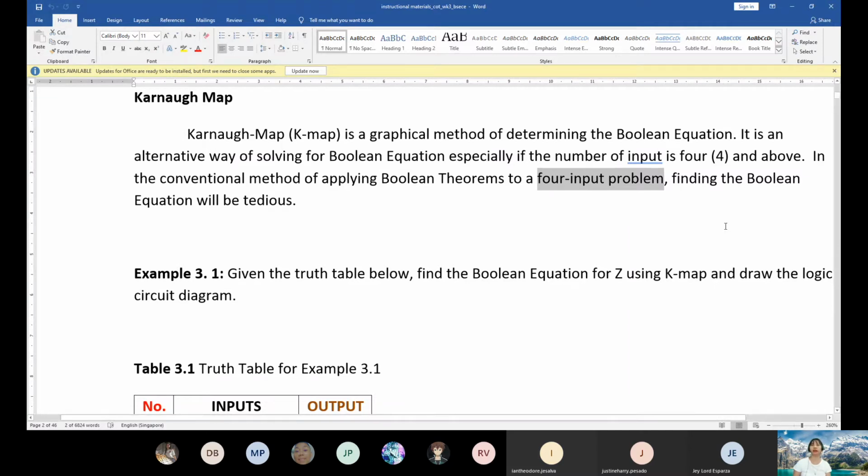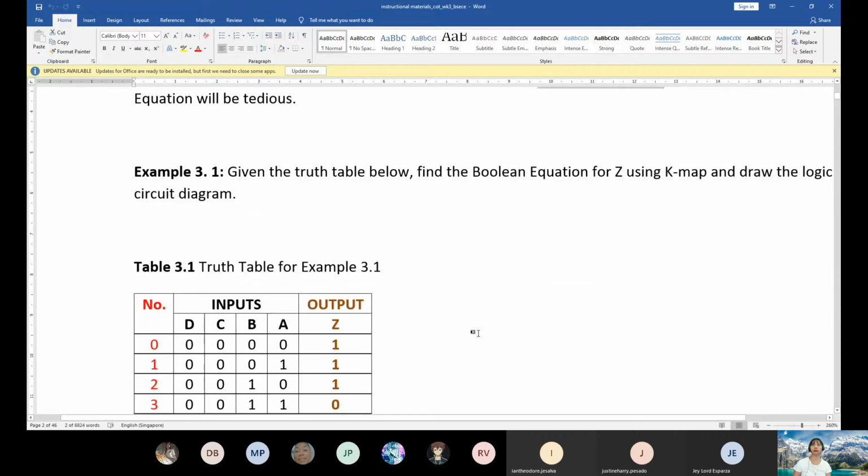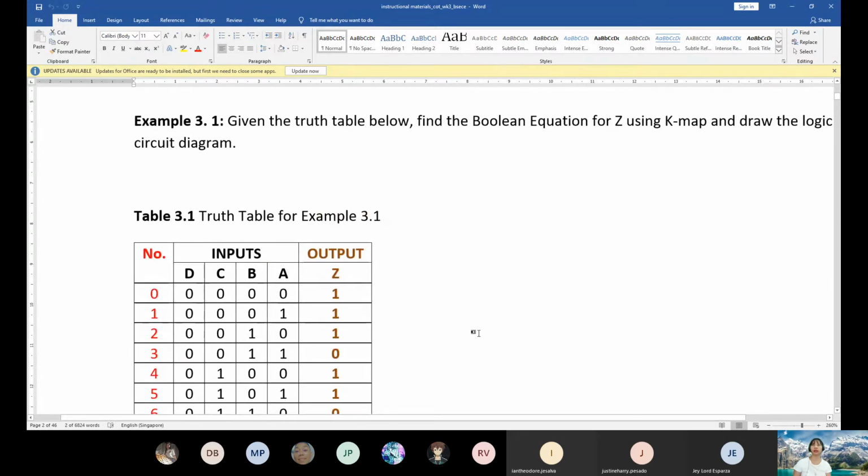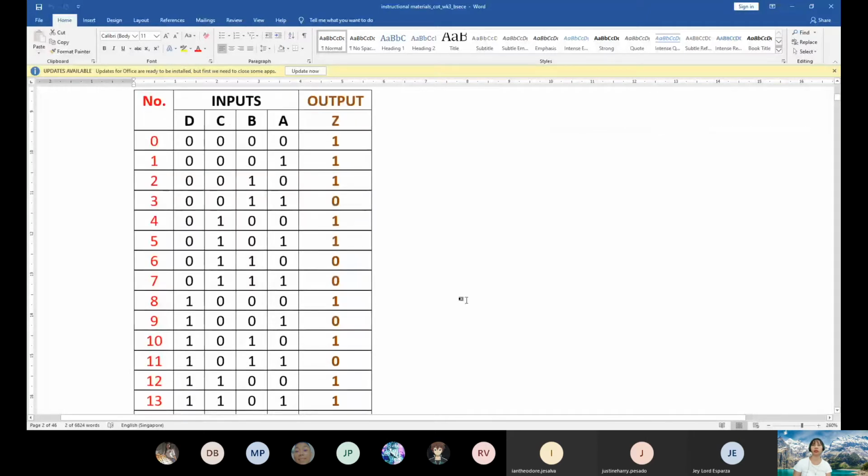Okay, so example here. Given the truth table, find the Boolean equation for Z using K-map and draw the logic circuit diagram. Okay, so we have a sample here.